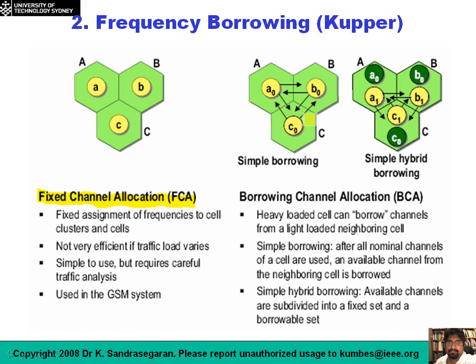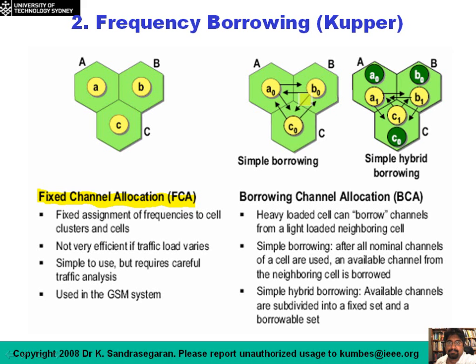So for example, each cell gets allocated a group of frequencies or a group of channels, and it lends to its neighbor whatever frequencies that it is not using when the neighbor is getting congested. So essentially what happens here is that heavily loaded cells will borrow frequencies from their neighbors and use them.